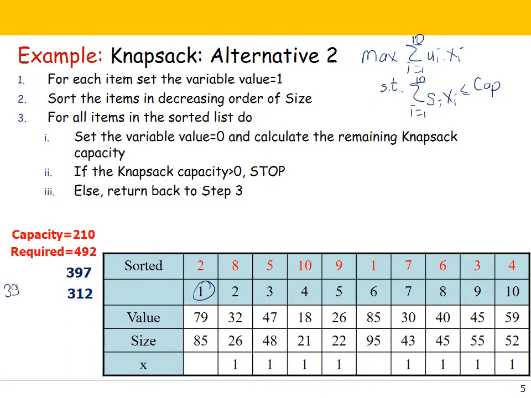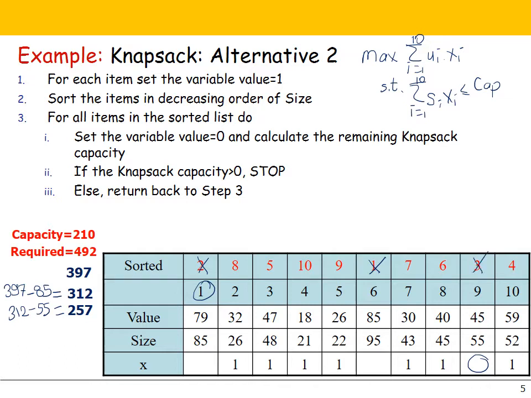So this number is 397, the previous required capacity, minus the size of item 1, which we removed from the knapsack. Then we removed item 2 from the knapsack. The third one is item 9. So now we are considering removing this item. And when we remove it, the remaining capacity will be 312 minus 55.